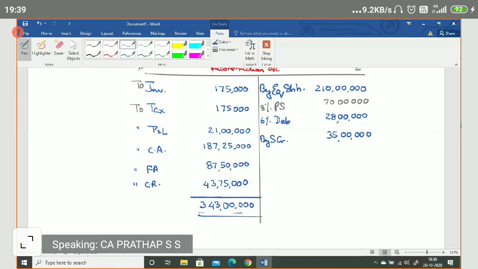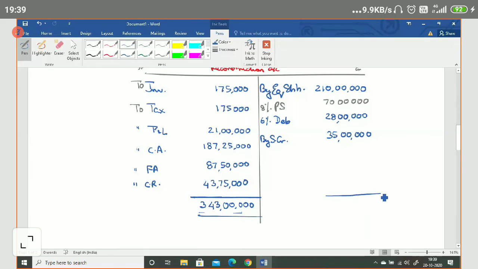Neatly complete this sum, guys. 343 lakhs. So 43 lakhs 75,000 is capital reserve.